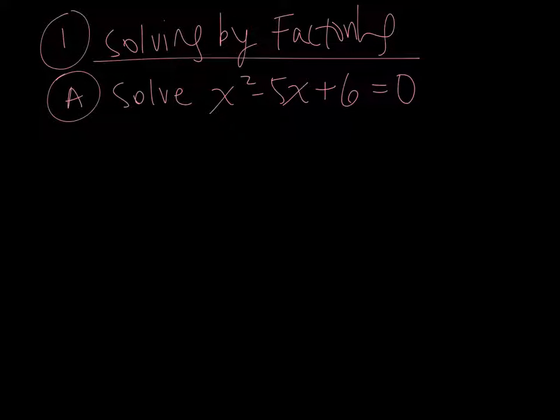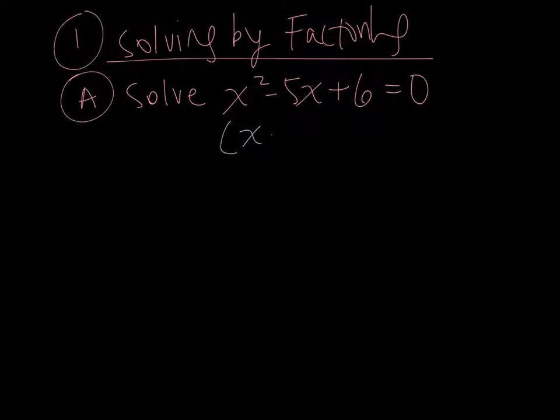So ignore the equals 0 for a second, okay? Ignore the equals 0 and just factor normally. I'm looking for factors of 6 that add up to -5. It's going to be x minus 3 and x minus 2 equals 0.